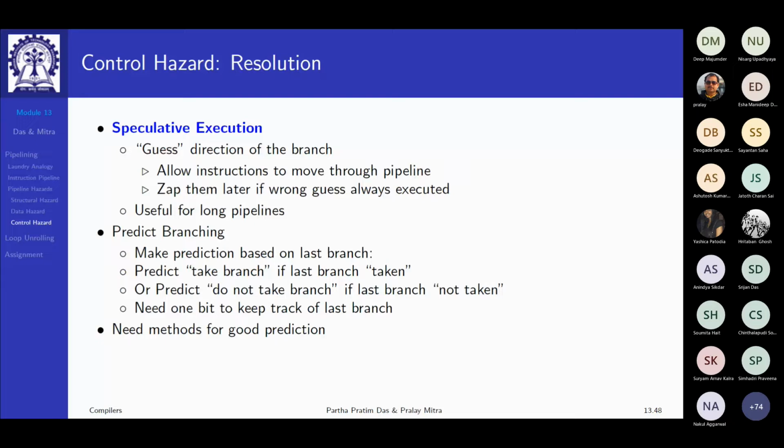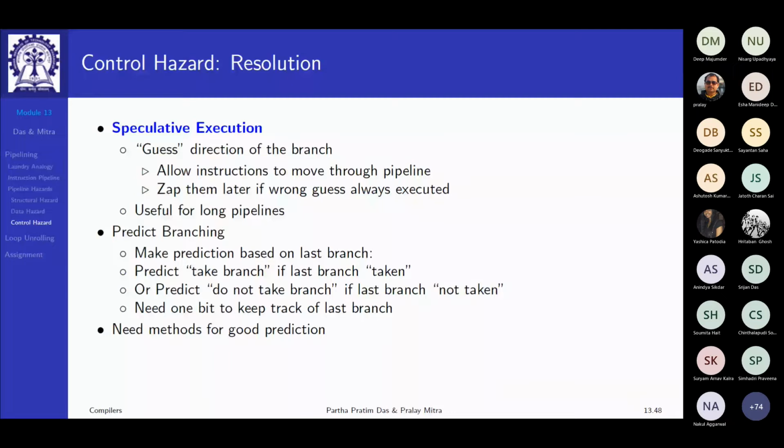So we have talked about stall and flush, forwarding, delay slot. But what the compilers often do more is speculative execution. That is, since branch is something which hurts you a lot, because you are flushing the pipeline, it takes a lot more time, a lot of instructions lost and so on. But at the same time, the branch often is the most repetitive instruction in a loop. Right? In the loop, you have a body which is linear, and then you have a branch.